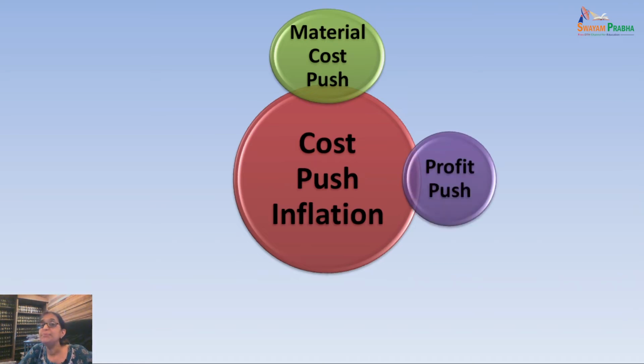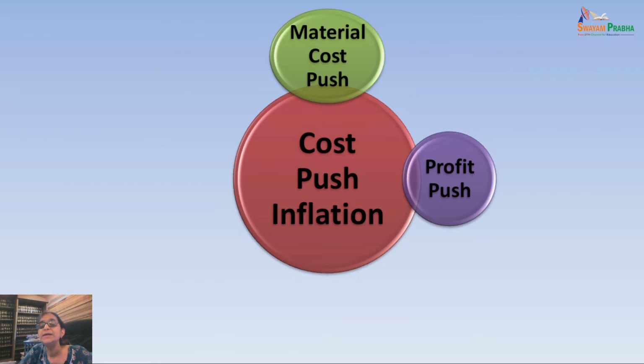Second reason can be profit push. This is something which is only related with the firms, with the entrepreneurs who are running this business. If the businessman feels that the current rate of profit that they are earning is not sufficient for them, they may like to keep a greater profit margin. A higher profit margin would mean that the prices will increase.